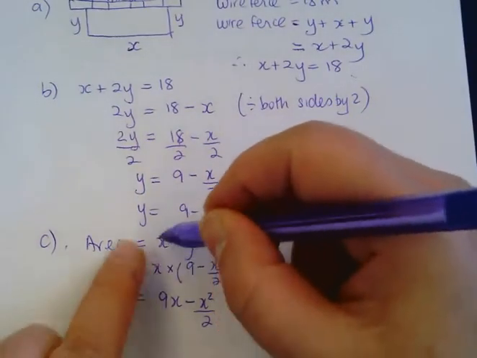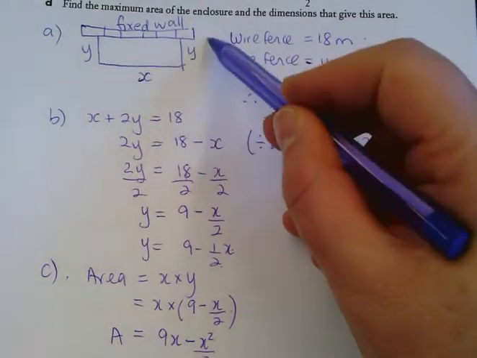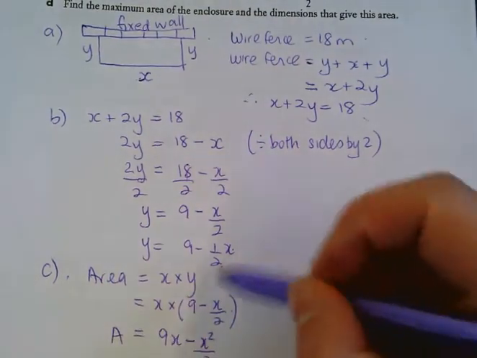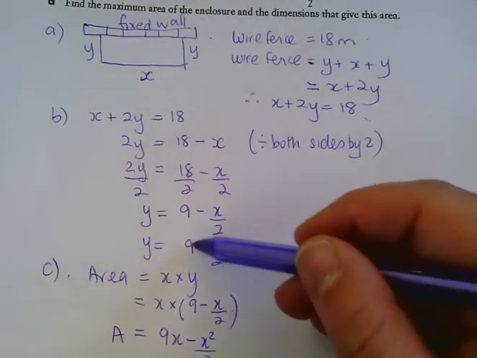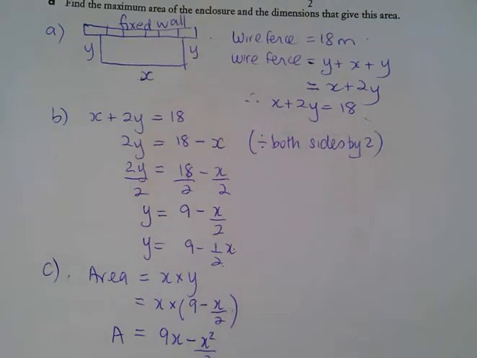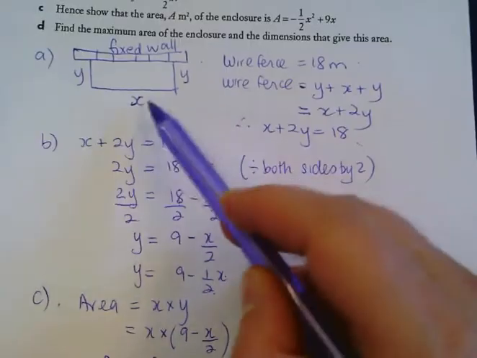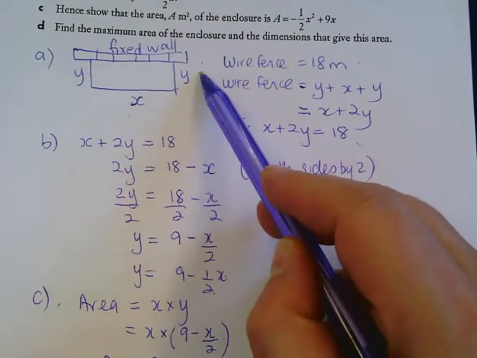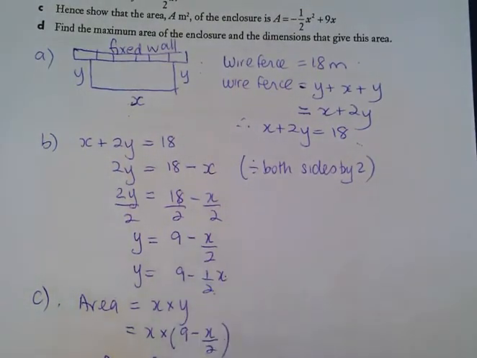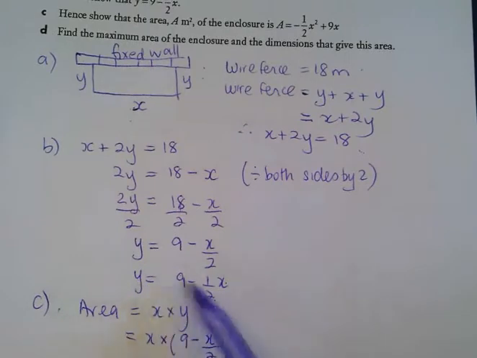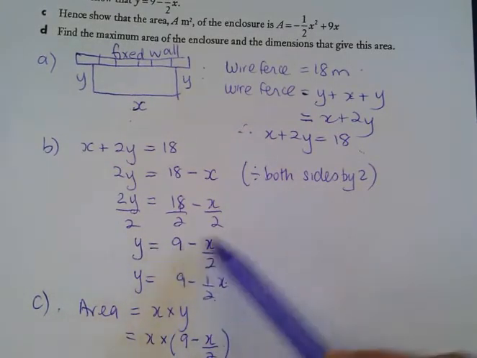So isn't the area x times y? But in part B, we've shown that y is 9 minus 1/2 x. Girls, if you can't do one of the steps, you can still continue on from part C or from part B. It doesn't matter, because isn't the area just x times y? We've shown in part B that y is 9 minus 1/2 x, or 9 minus x on 2.